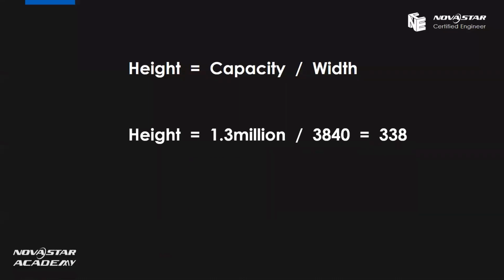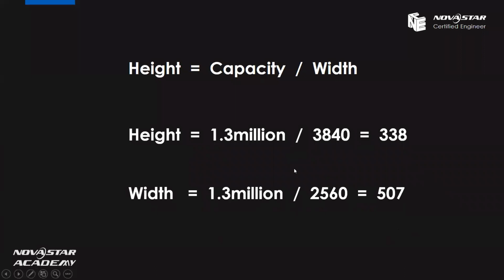Another example: if we also use one M-Control 300, and this time the max height is 2560. So what about the width? We can also use this formula: the width is equal to the capacity divided by the height.